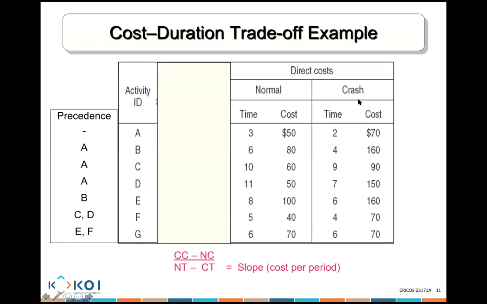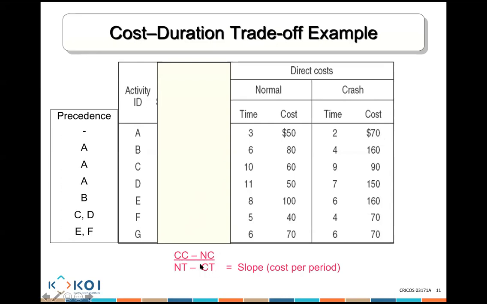So CC minus NC, 70 minus 50, divided by normal time, NT, minus crash time, CT.